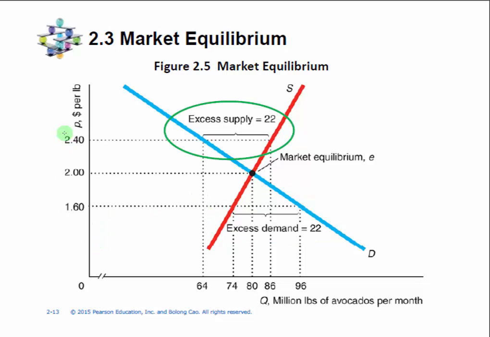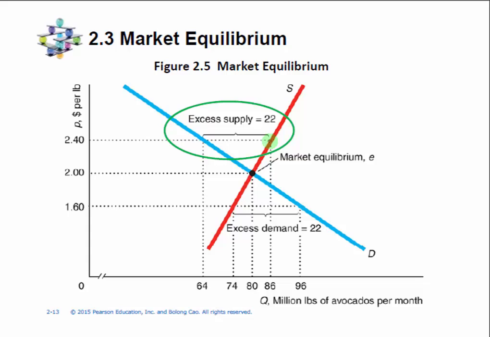If, on the other hand, the market price is above the equilibrium level at $2.40, quantity supplied is 86, quantity demanded is only 64. There's again an excess supply of 22 million pounds per month.